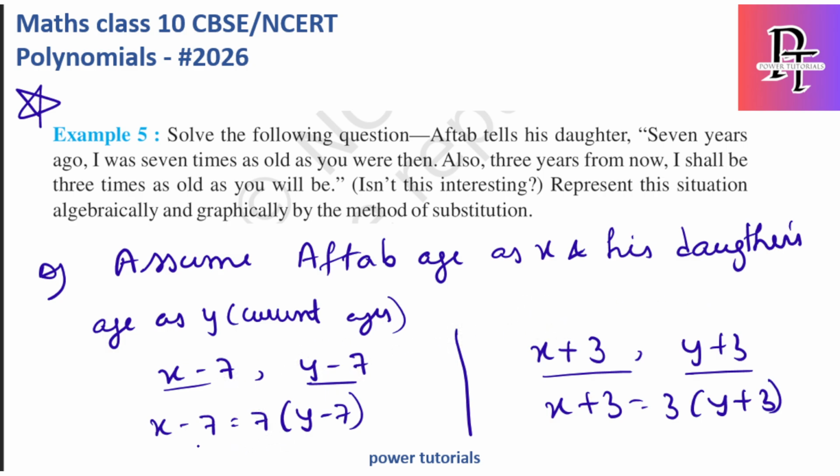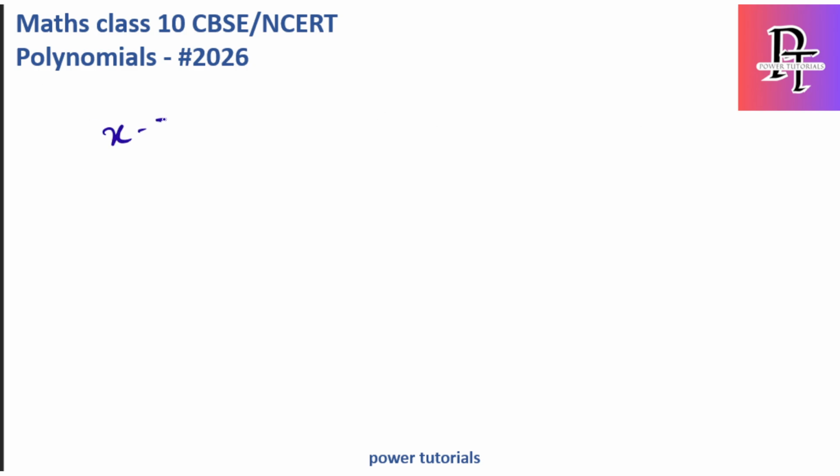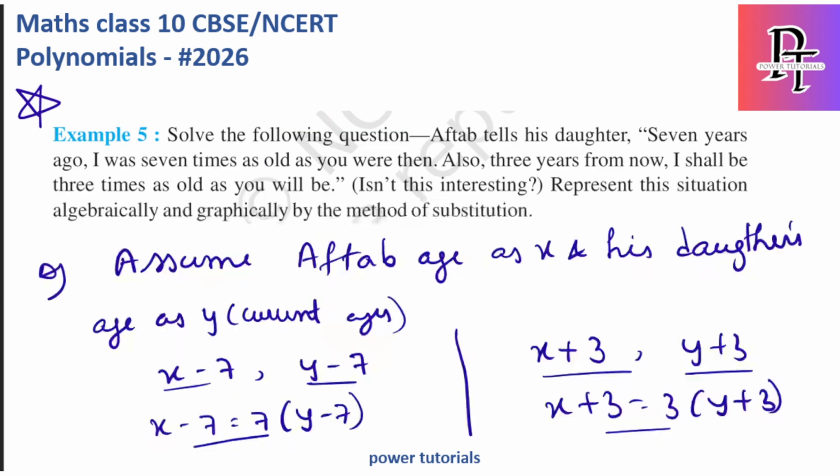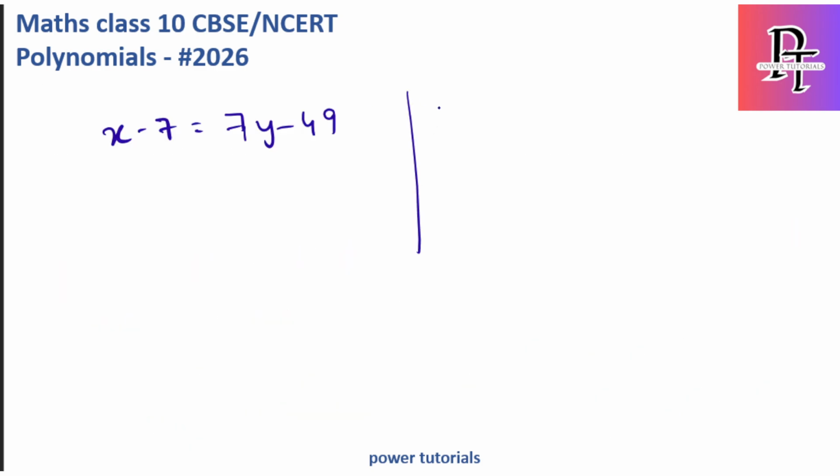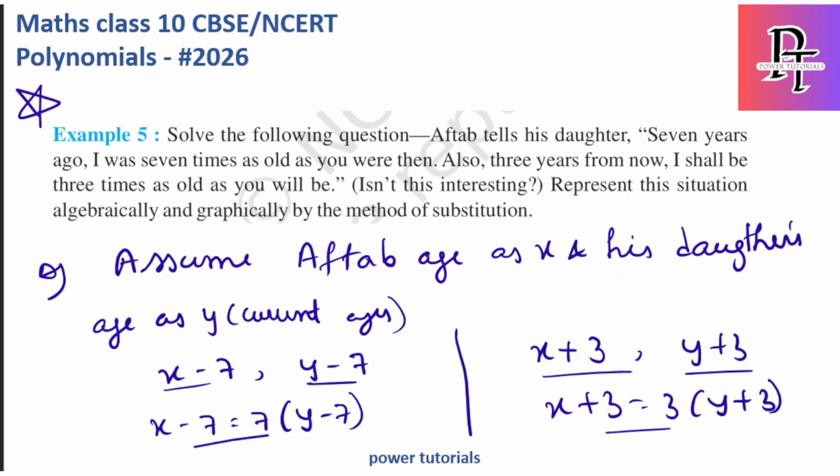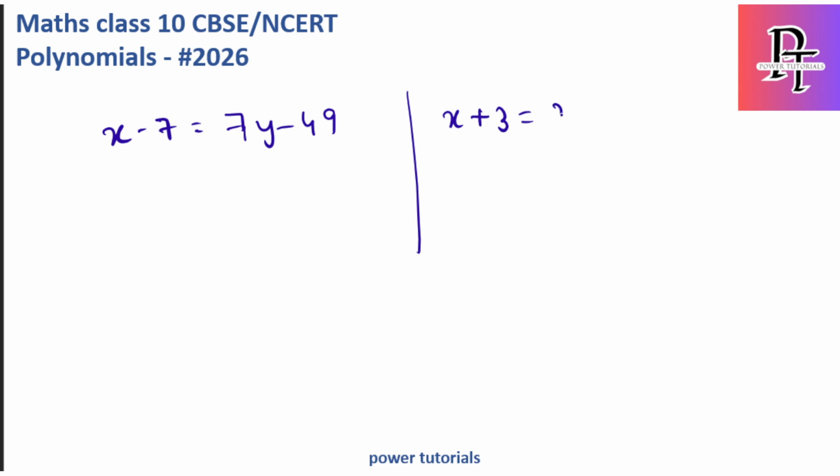Okay, now let's use these two conditions and get the equations. x minus 7 is equal to 7y minus 49. I'm writing the second equation here itself, which is x plus 3 is equal to 3y plus 9. Now let's write everything to one side.